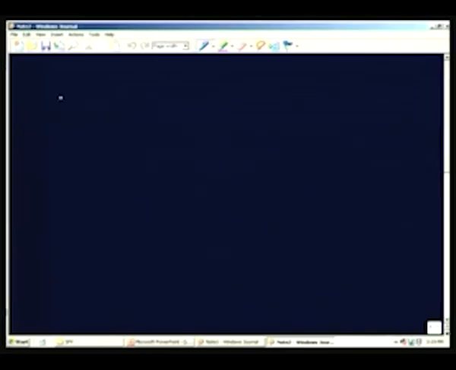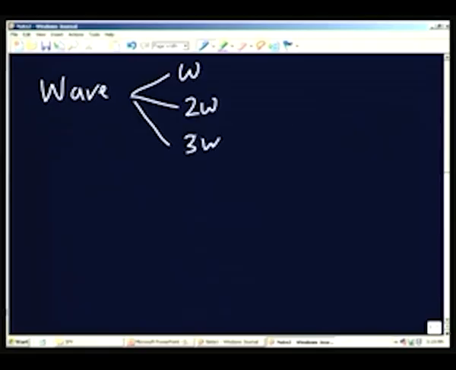So, what we are going to do is the wave is split up into omega, 2 omega, 3 omega and so on and so forth.